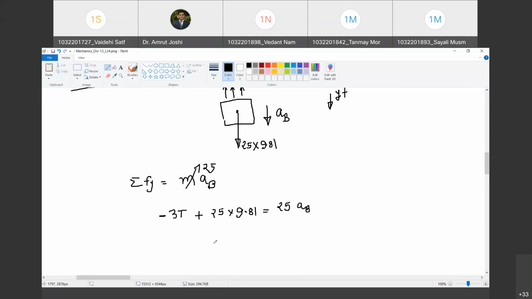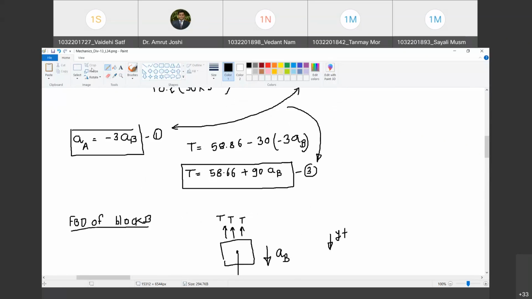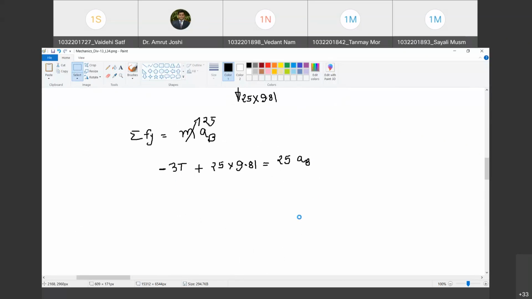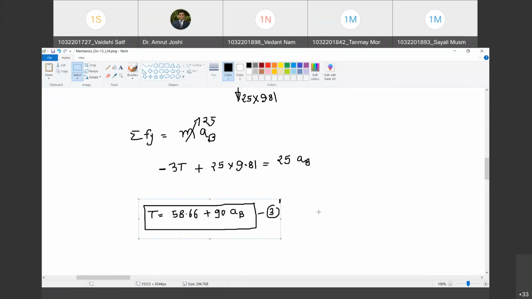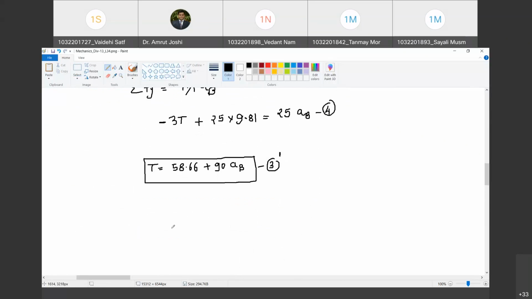Agreed? Yes, sir. Now, let me bring this equation here. This is equation number 3. I will call this equation number 4. Happy? Yes, sir. Let us rearrange these equations. Let us take unknowns on one side. So if I rearrange the first equation, I will get T minus 90AB is equal to 58.86.